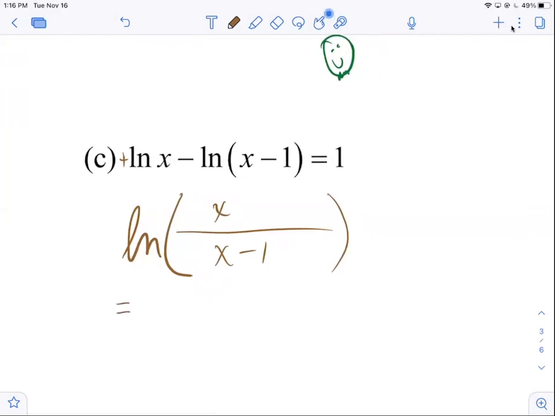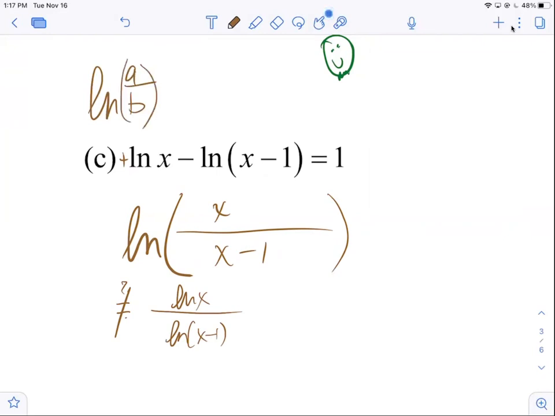Is that the same, question mark, as the natural log of x over the natural log of x minus 1? No, no, it's not. Okay. When you have the natural log of a divided by b as your argument, that's the natural log of a minus the natural log of b, and vice versa.